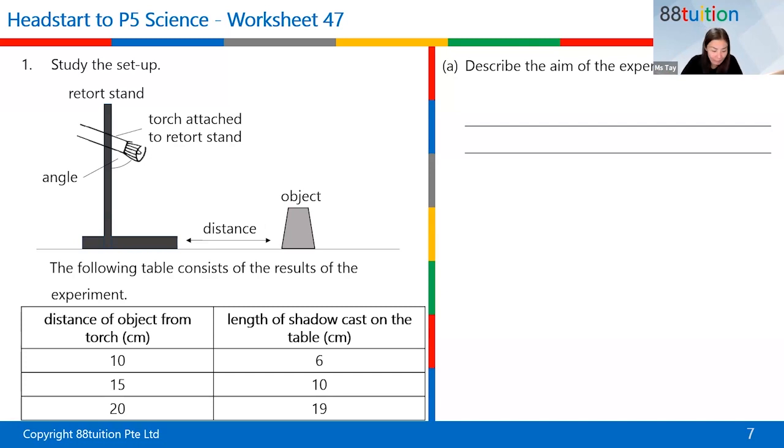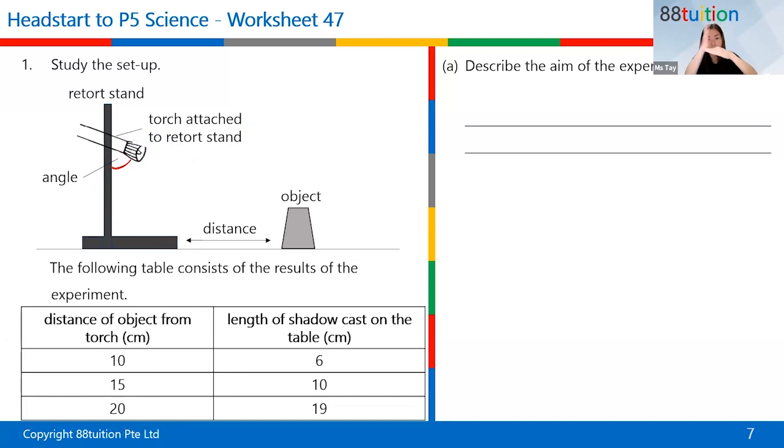Very exciting. Now, there's a retort stand, and then there is this torch that's attached to the retort stand. And there is an angle, so if you can see what they are trying to show here. This is an angle where the torch is placed. It's not horizontal.